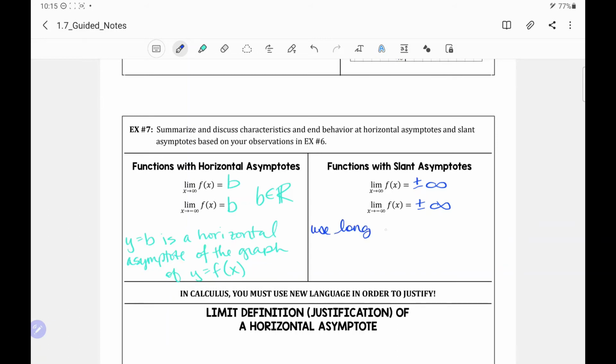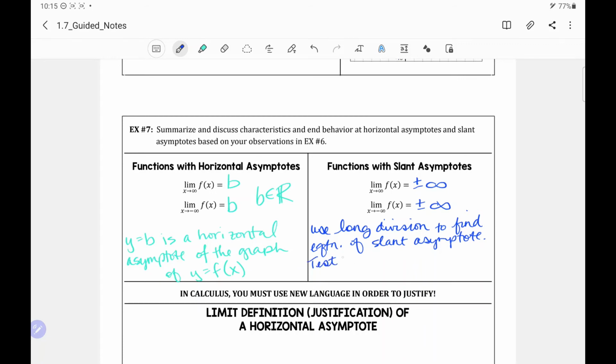I'm not sure if we even did that in a single one of our examples, but you may remember from pre-cal that you can use long division to find the equation of the slant asymptote. Okay, that is a method of how we can find the actual equation of the line that makes the slant asymptote.